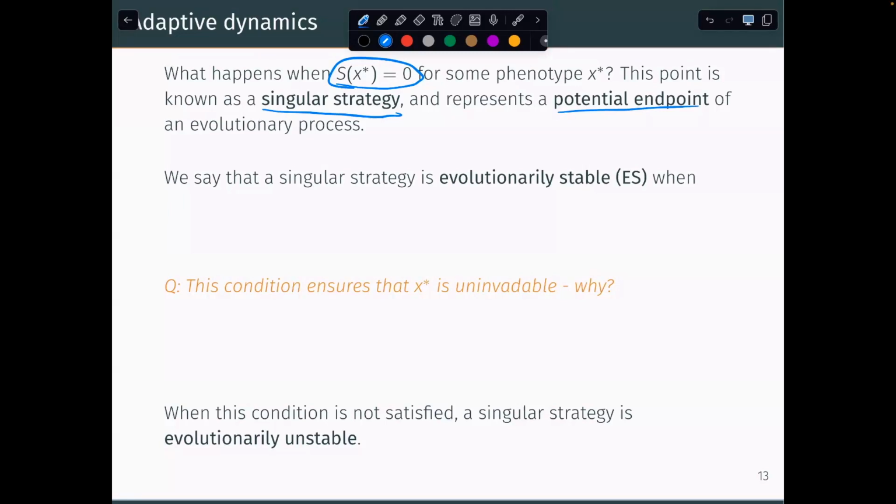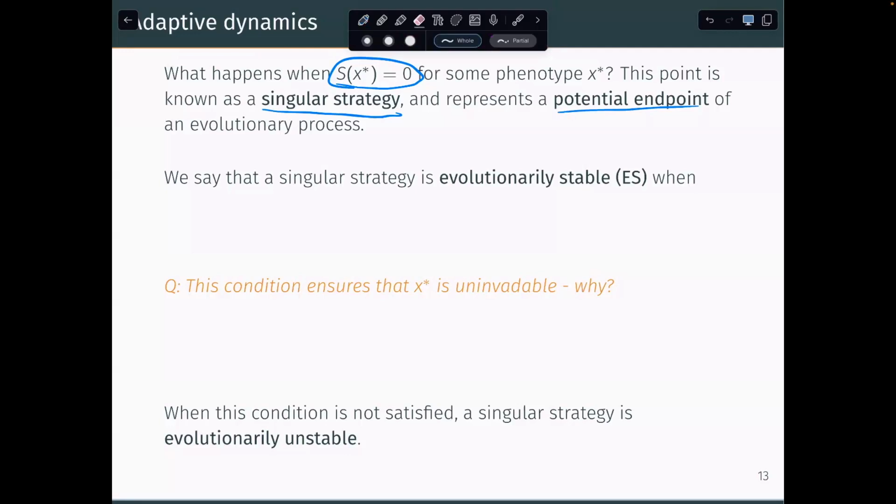Just in the same way as when we find equilibria for a normal set of ODEs, where we find an equilibrium by, say, setting dn/dt equal to 0, we then think about the stability of that equilibrium. We do the same thing here, but in an evolutionary sense.